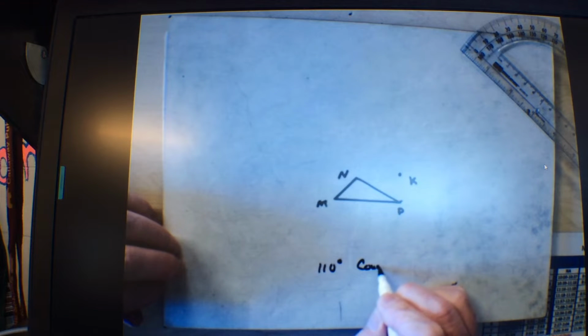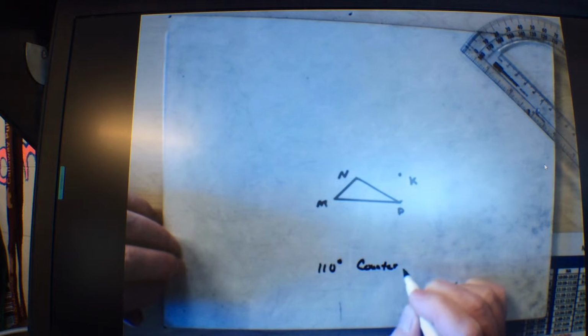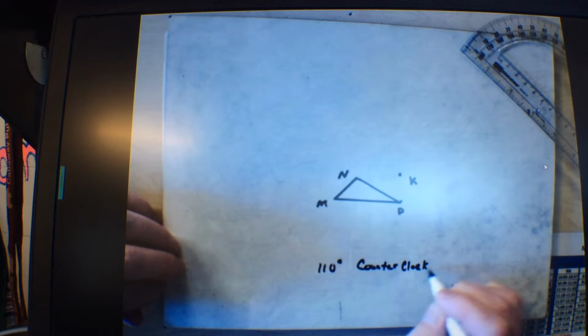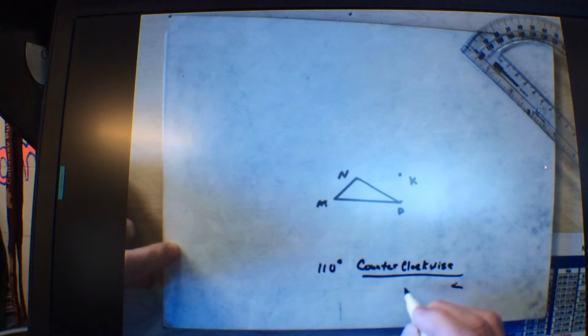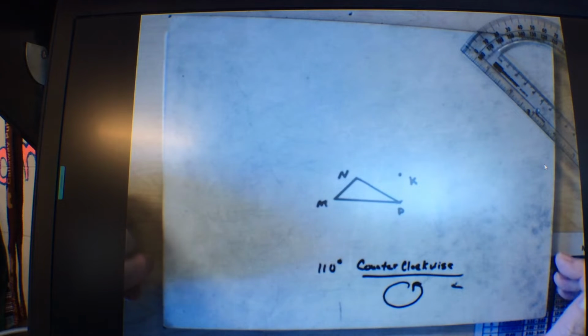So we want to do 110 degrees, and if they don't tell you which way to rotate it, you always go counterclockwise. Clockwise is this way, counterclockwise is this way. We're doing 110 degrees, and I got that from the worksheet. I didn't make that up.